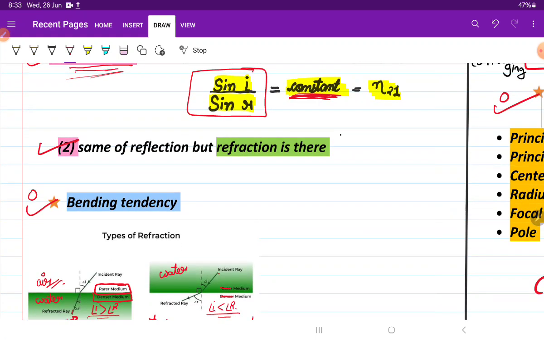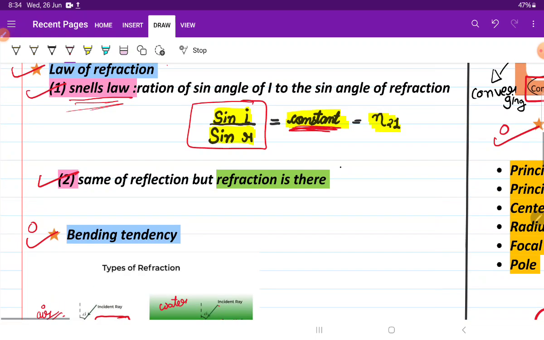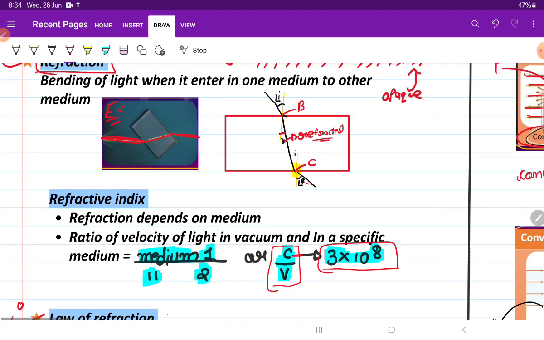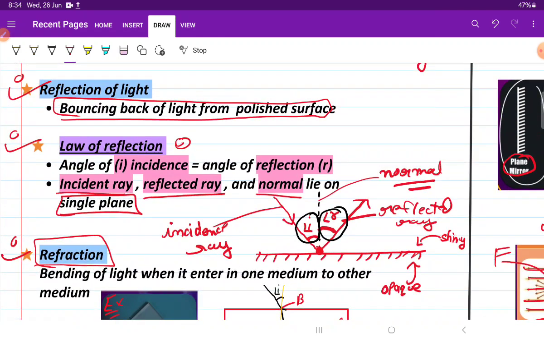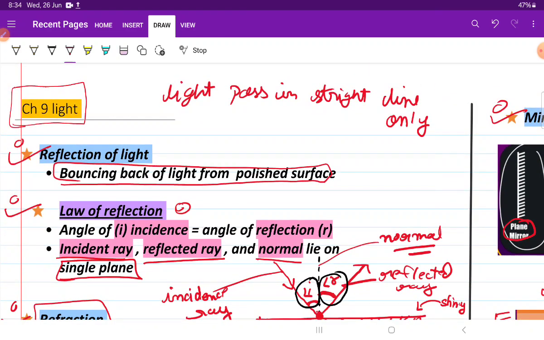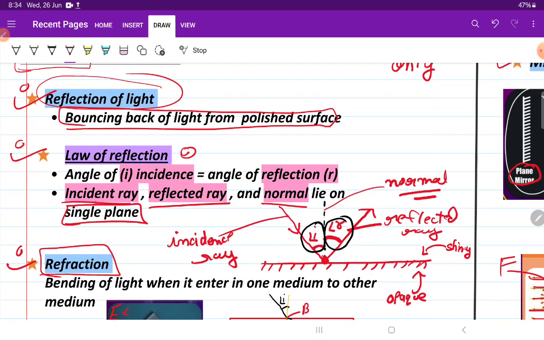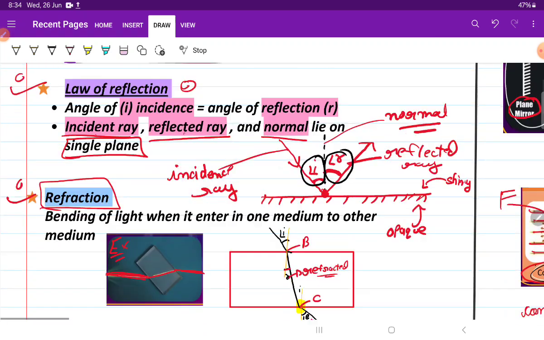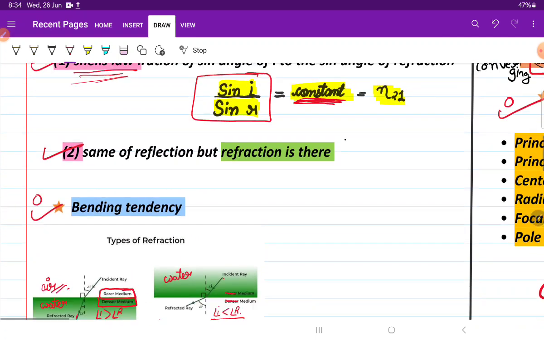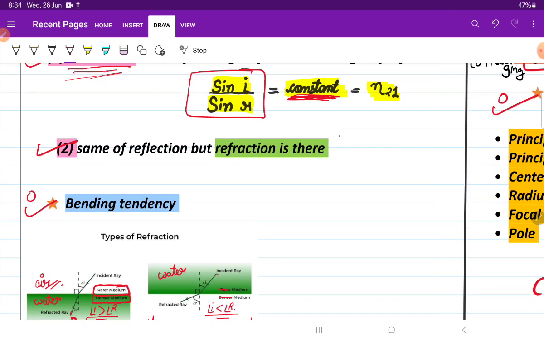Now let's see the second law. What does the second law state? In the second law of reflection of light, we see the incident, reflected and normal lie on the same plane, but you have to remove the reflection and add the refraction.